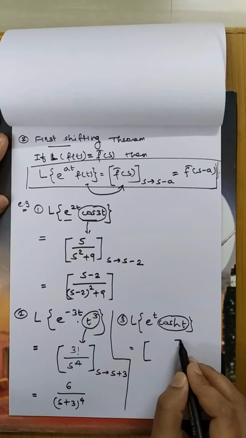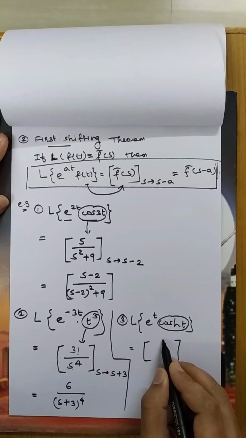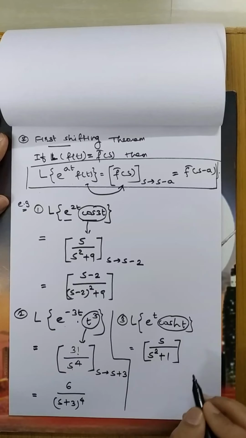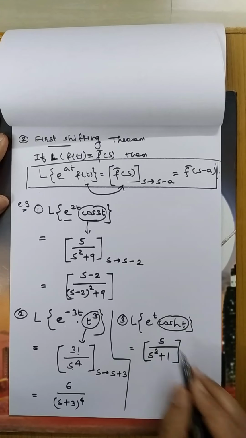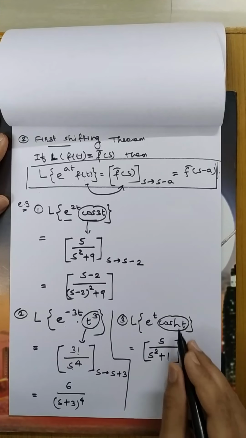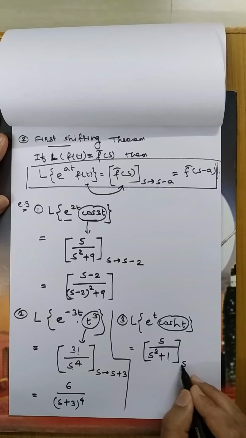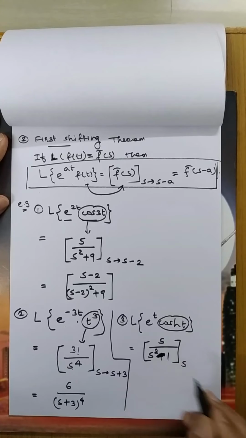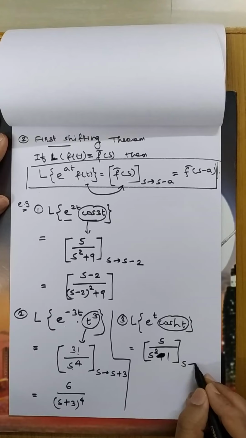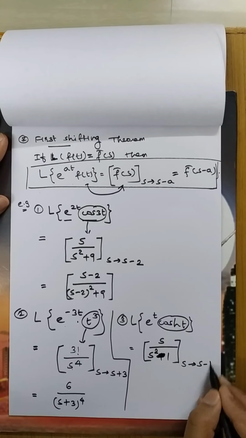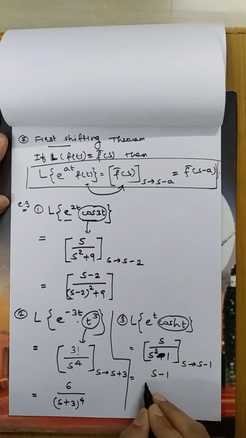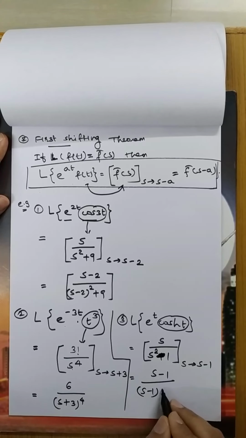So think about Laplace of cos h of t first, which is s by s square minus 1, because a is 1 and it is the hyperbolic function cos h t, so we have to write minus. Okay, s square minus 1, and s tends to s minus 1 because a is 1. So we will replace s by s minus 1.